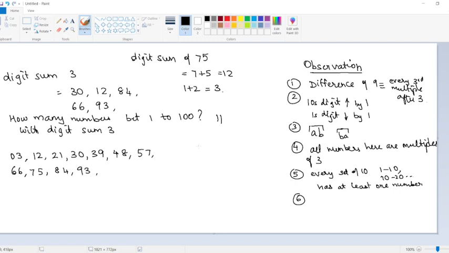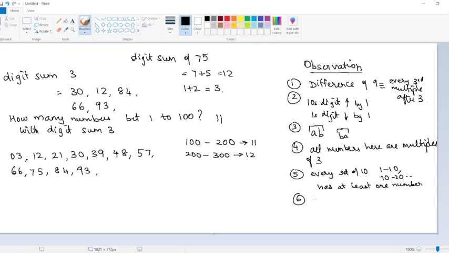For the 3-digit numbers from 100 to 200, we have 11. And then from 200 to 300, we have 12. One observation is that from 1 to 100 we start with 3. For 100 to 200, we will start with 102, and so on.